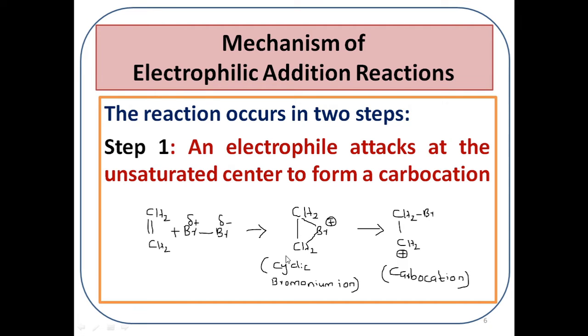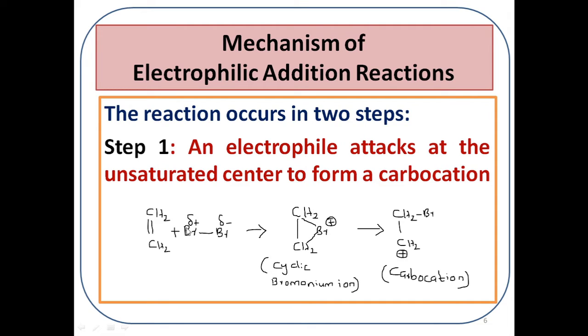Now we will discuss the mechanism of electrophilic addition reactions. Actually, the reaction occurs in two steps. In step 1, the electrophile attacks the unsaturated center to form a carbocation. That is, here we have an alkene, and when it approaches a halogen molecule, say Br2, this double bond will induce a polarization on the bromine-bromine sigma bond.